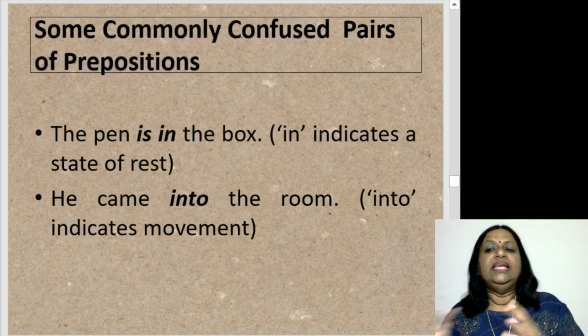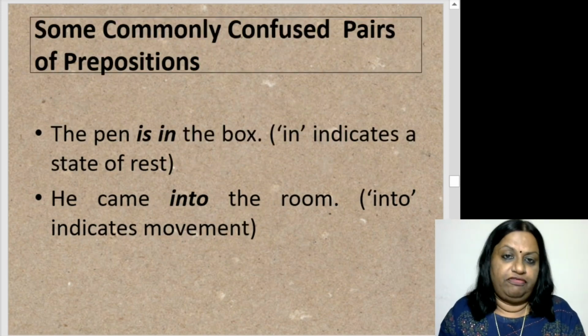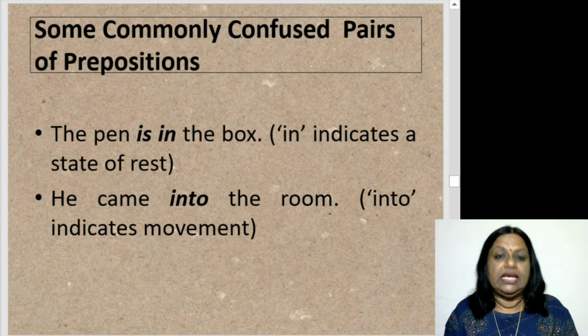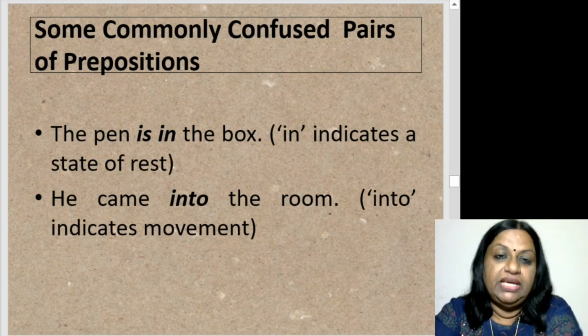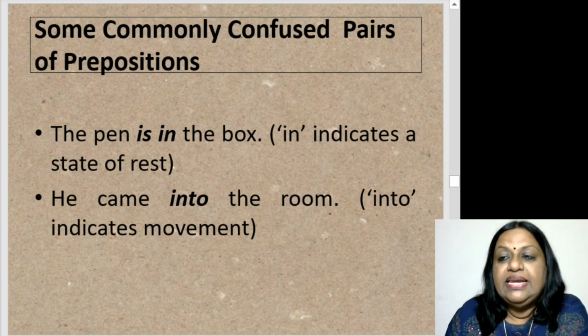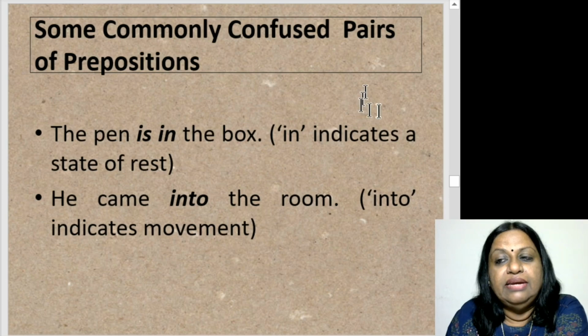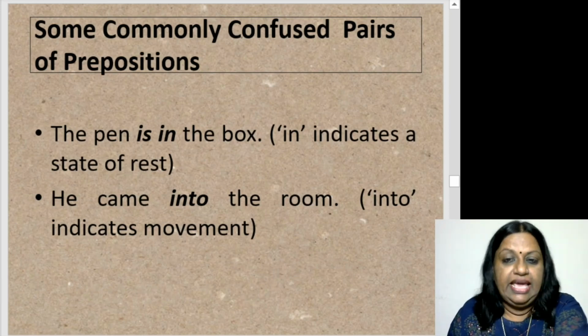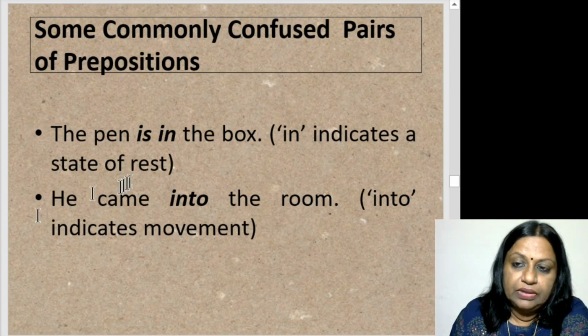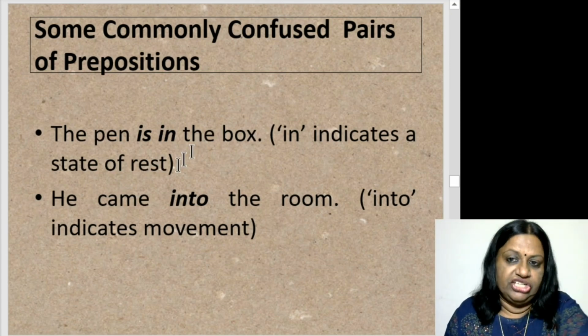All right, some commonly confused pairs of prepositions we must also be aware of, because they can entirely change the meaning of the sentence. The pen is in the box. In indicates a state of rest. He came into the room indicates movement. In the box is stationary, at rest.